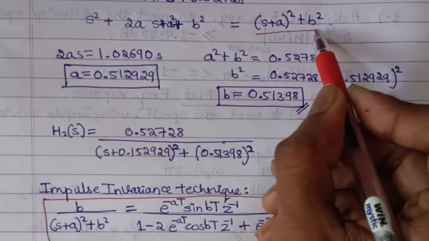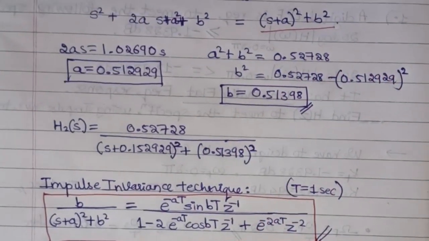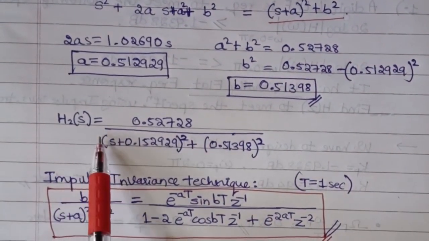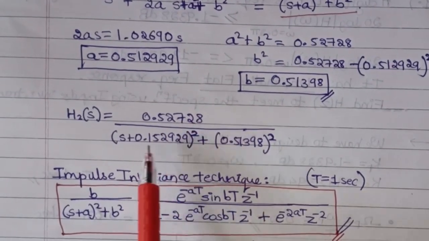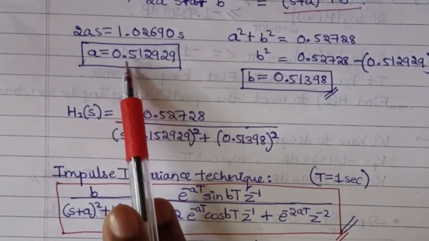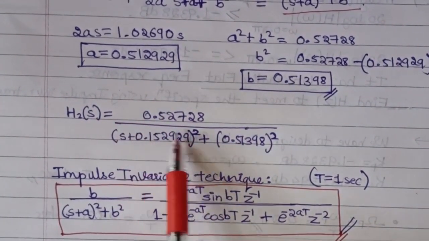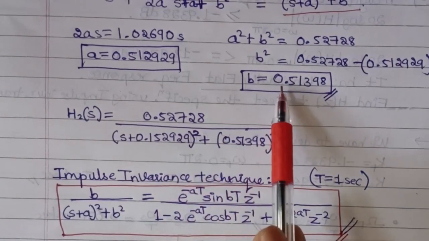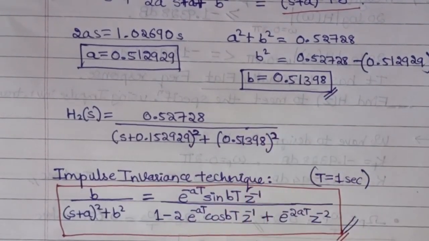Keeping the denominator in the form (s + a)² + b², we obtain H2(s) = 0.52728 / ((s + 0.512929)² + 0.51398²).